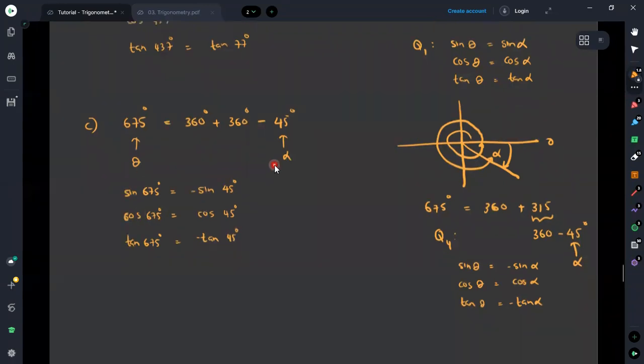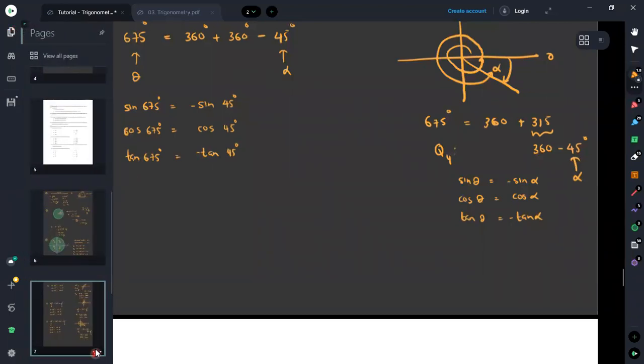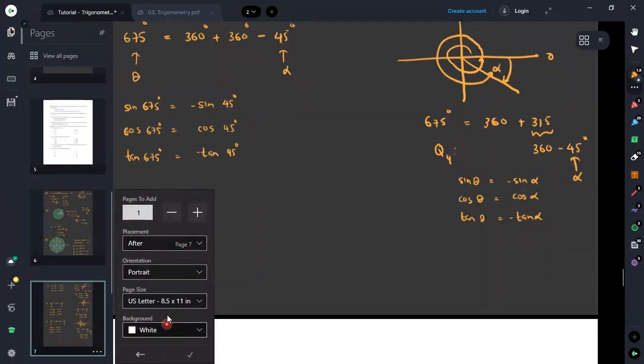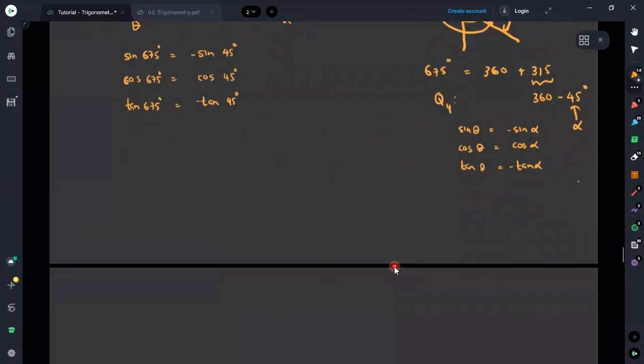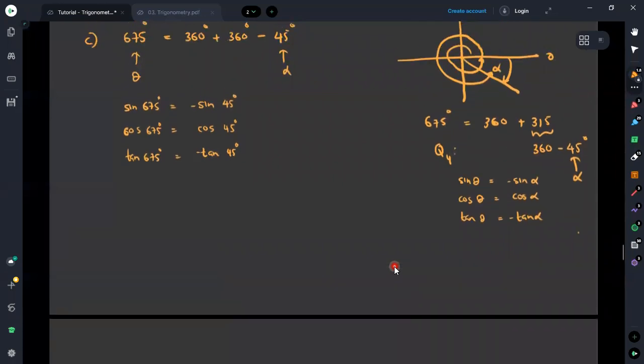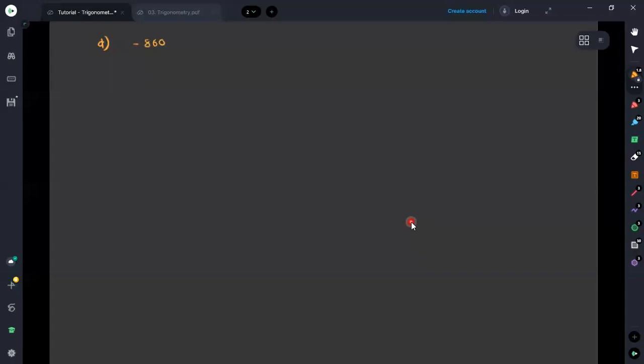And if we move on to the discussion of the fourth part, it says the value is given as part D. In the next part, we have the angle given as minus 868 degrees.